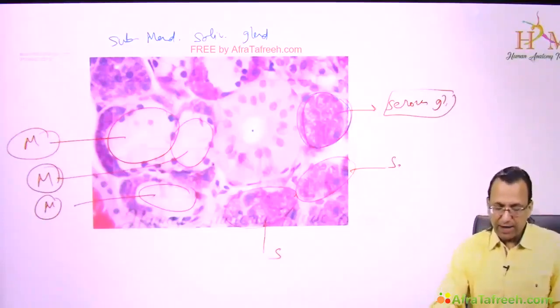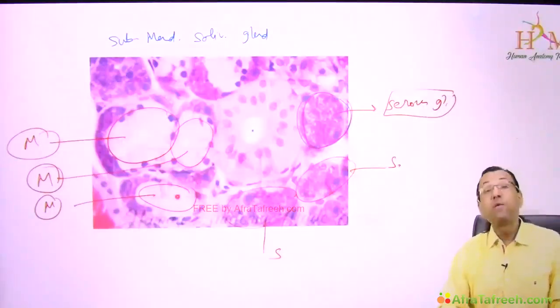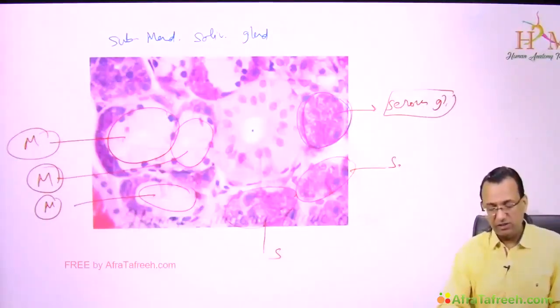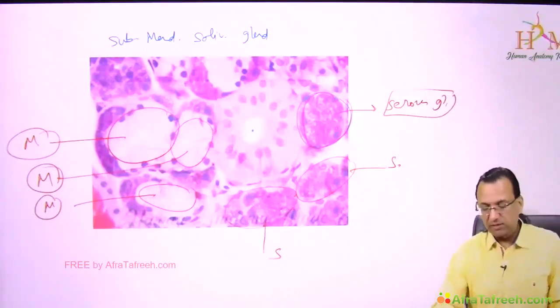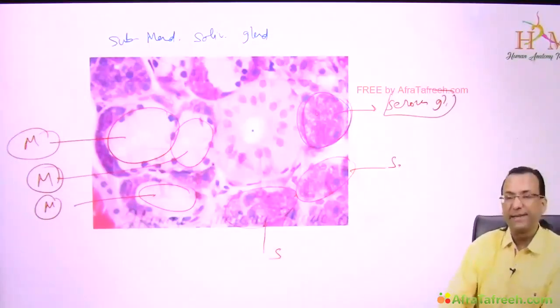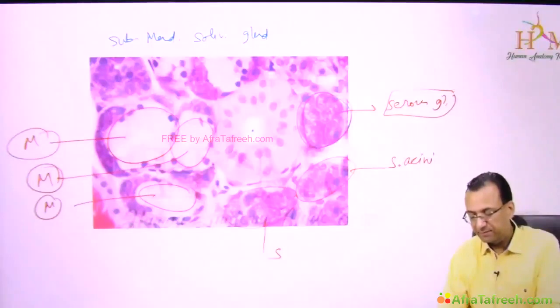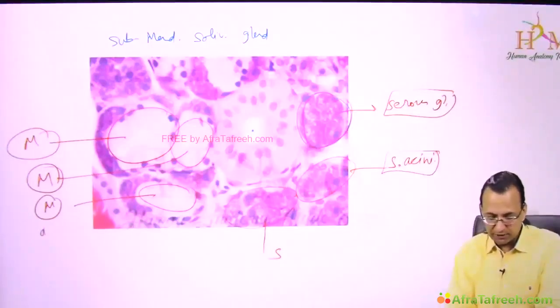Mucinous glands are identified by the fact that they are lightly stained and they have foamy appearance due to mucinous inclusions, whereas this pink stain or darkly stained is serous gland. These are serous acini and these are mucinous acini.